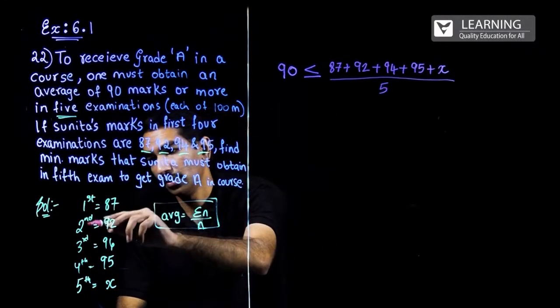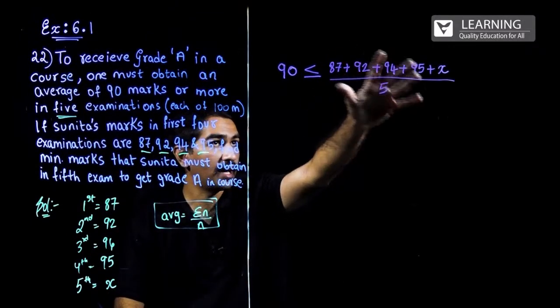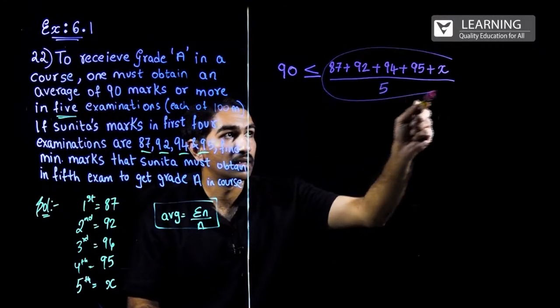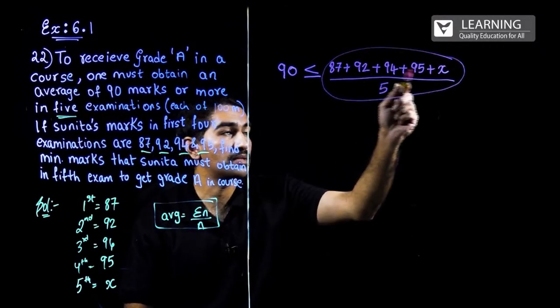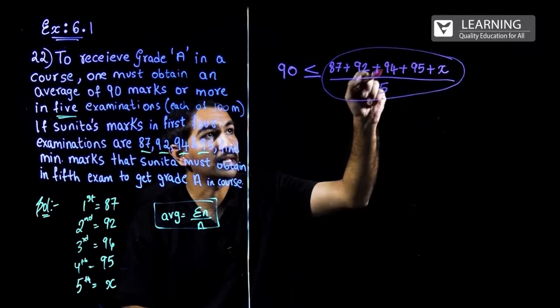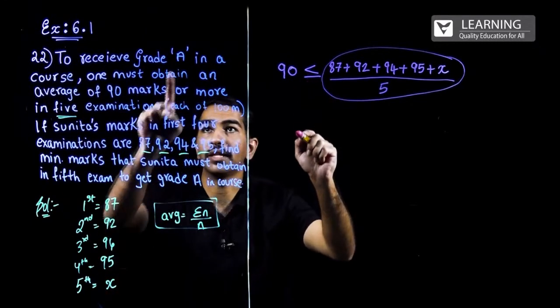Correct? 1, 2, 3, 4 and 5. So this is the average, right? Whatever is here in this circle, this is the average. So the sum of all the observations divided by the total number of observations. If this quantity is greater than or equal to 90, then we can grade Sunita A.